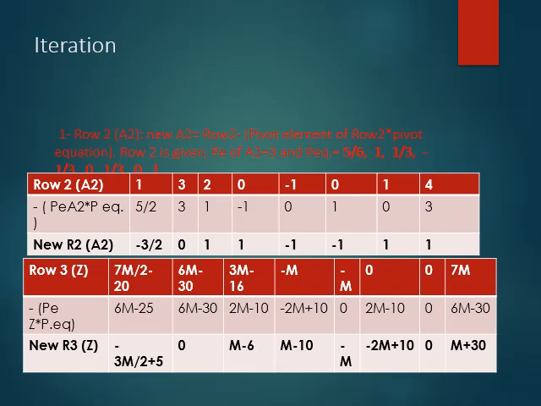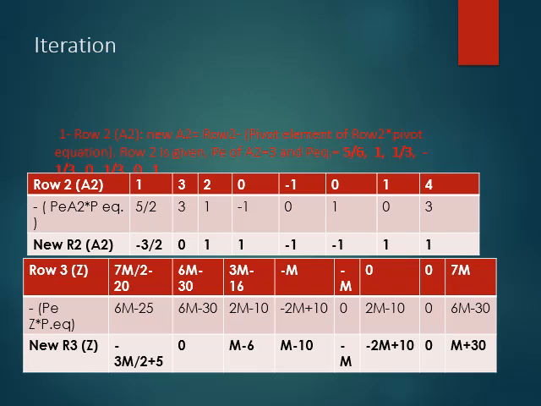These results should be subtracted from the original A2. The new A2 is given as negative 3 over 2, 0, double 1, negative 1, negative 1, 1, 1. These values should be the values of A2 in the next table.